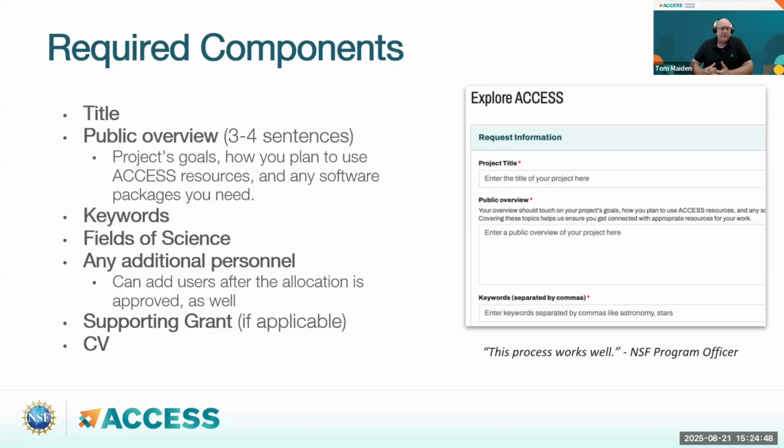We do ask if you have supporting grants to please let us know about those because again, for reporting purposes, this is necessary. And also then if you wanted a second grant, you become eligible if you already have a supporting grant for one of the other ones. And then of course your CV. We do vet PIs to make sure that they are who they say they are.